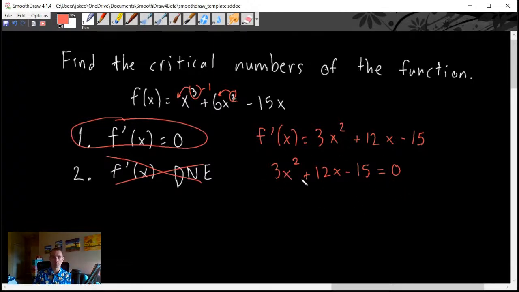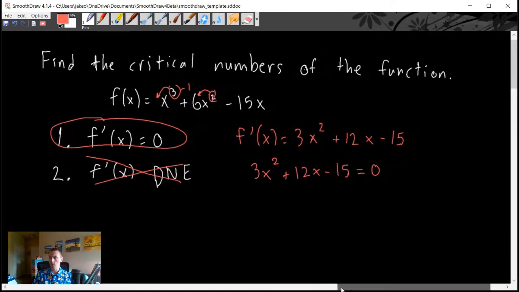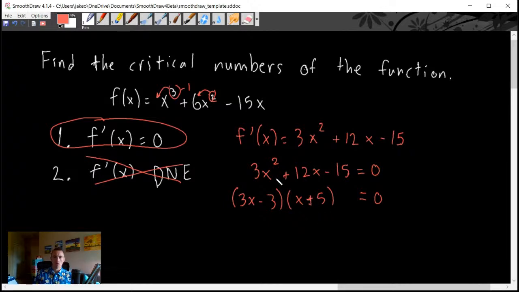Whenever you have a polynomial equaling 0 and you're trying to solve for x, typically the best strategy is to factor the polynomial. In this case, we can do that. This polynomial is going to factor into 3x minus 3 times x plus 5, right? I'm not going to get into the full process of factoring in this video.